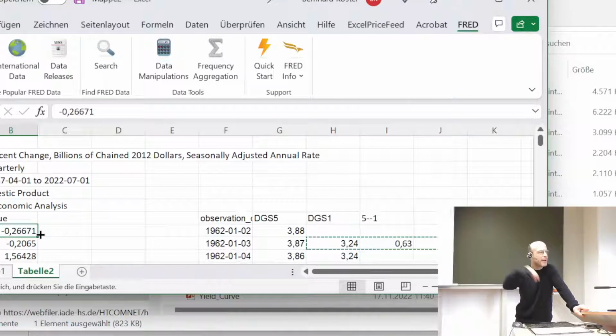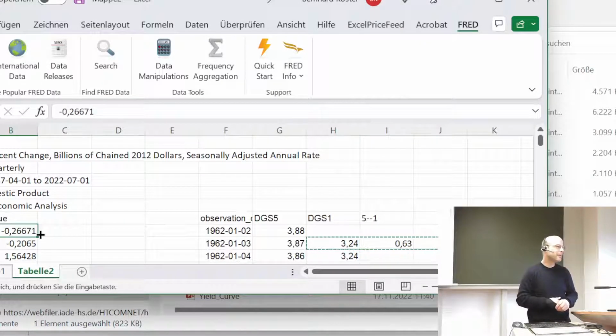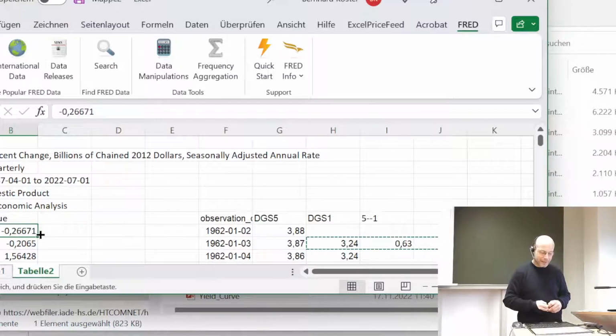So you try to identify every period when you had 2 quarters with negative growth rates, and then you just lay these 2 diagrams together.